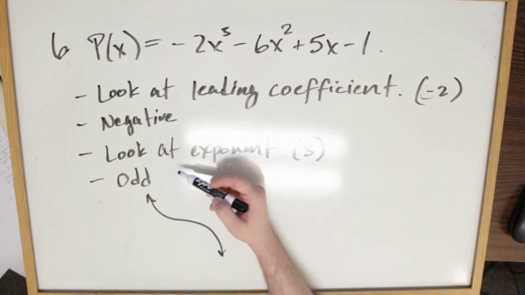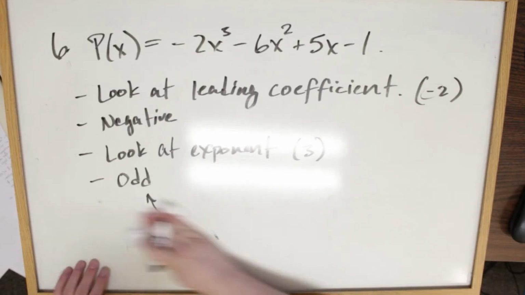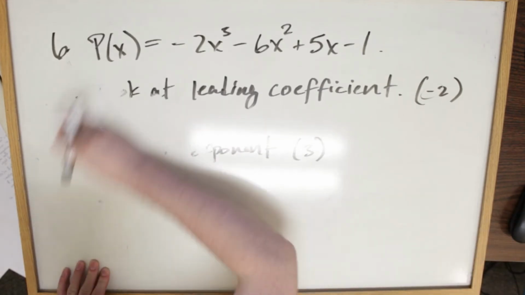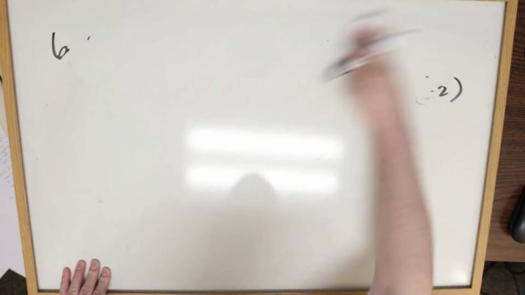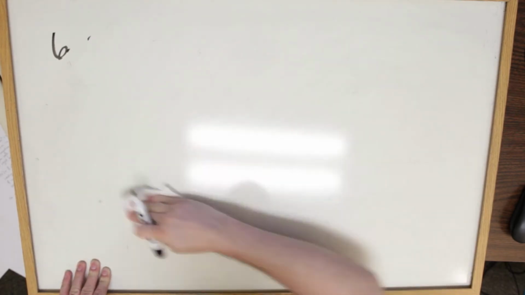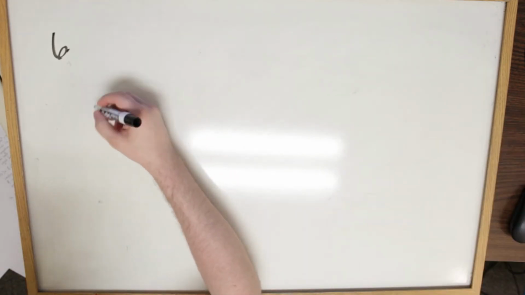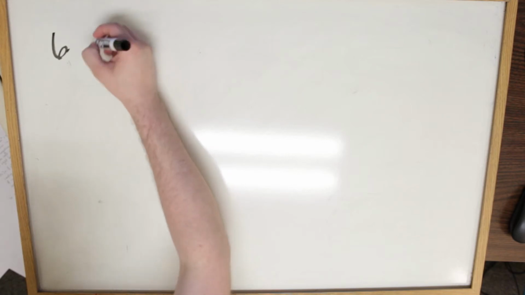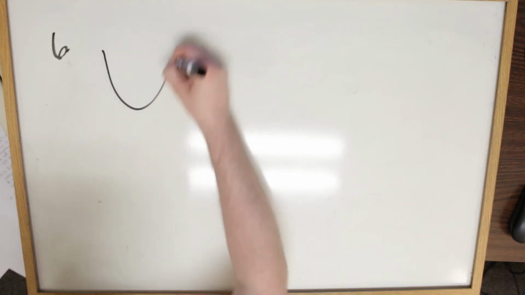If it's negative and even, let me actually draw all the scenarios so you can see. So this is kind of like the one example that I just showed you, kind of did it for you. But let me show you all the possible cases, okay? So you've got something that might look like, let's see here, something that might look like this.